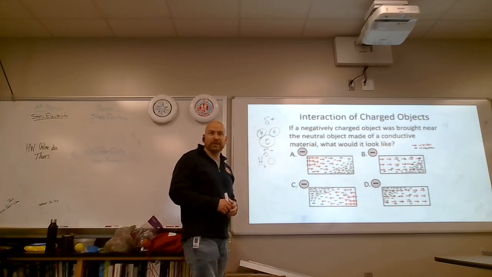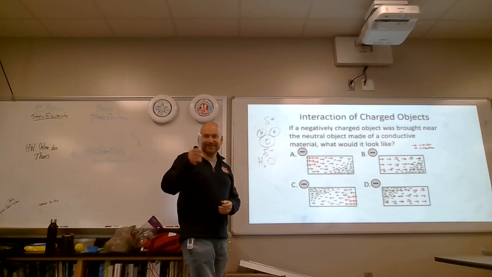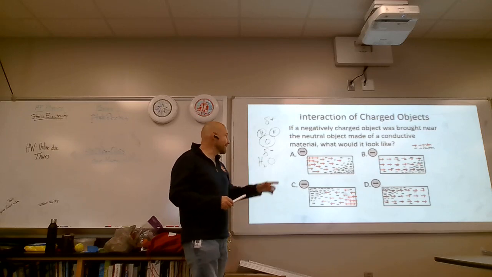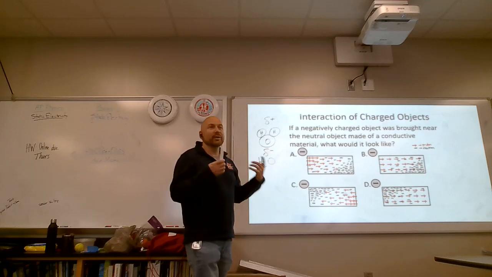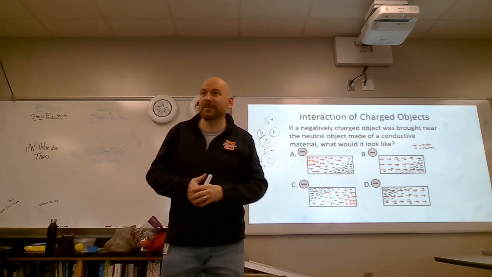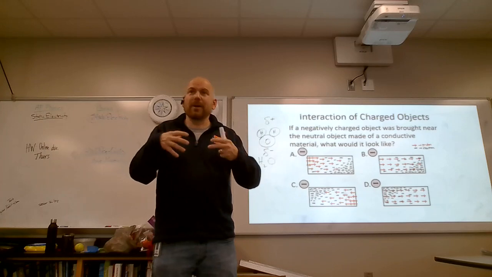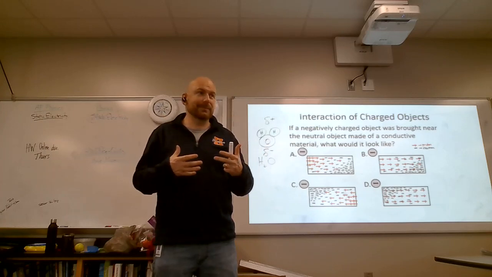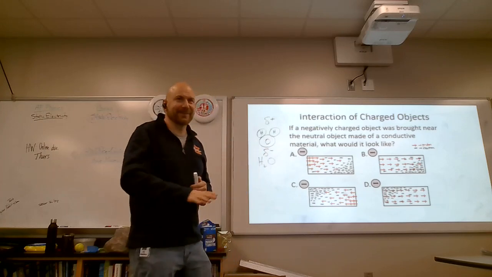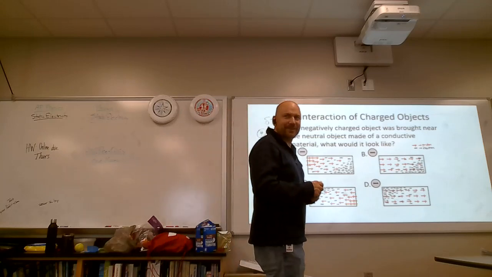It's a polar molecule. This is why water does a great job dissolving stuff, because it's polar and able to pull apart other molecules. We'll just leave it at that. So there's your chemistry crash course.